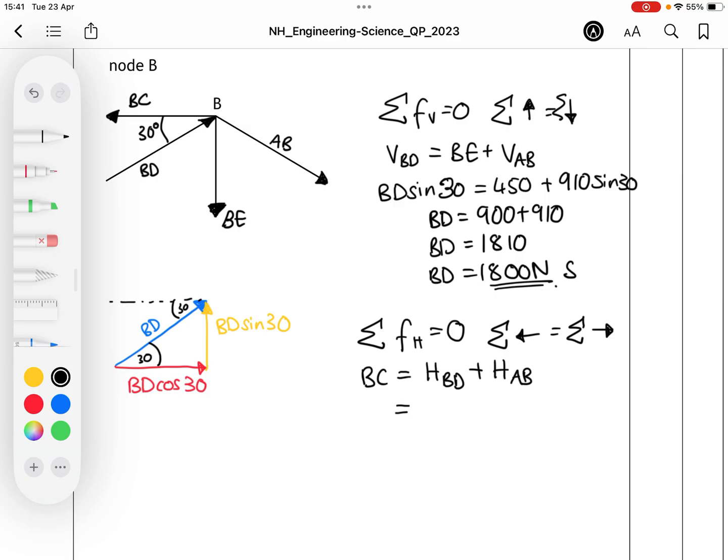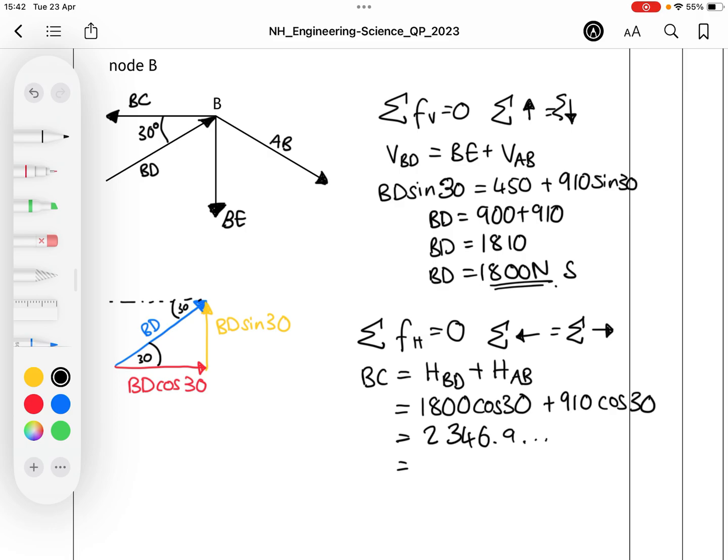So here, my horizontal component of BD is going to be 1,800 cos 30. And my horizontal component of AB is going to be 910 cos 30. And that gives me 2,346.9.